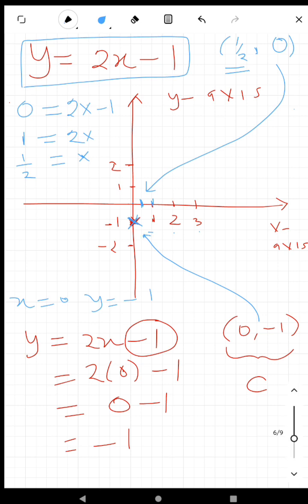So we have 2 points. So we can join the points. If we join these 2 points, the equation of the straight line will look like this. So that is the straight line. We have plotted it.